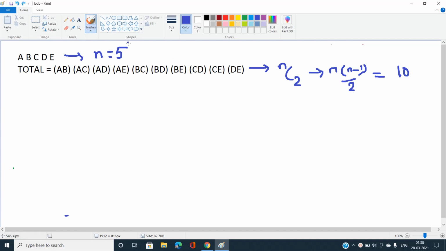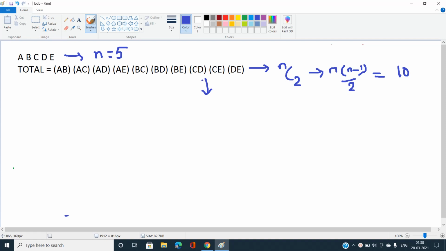So 10 pairs are present here, and we need to find the number of distinct combinations such that every person is involved in that combination at least once.